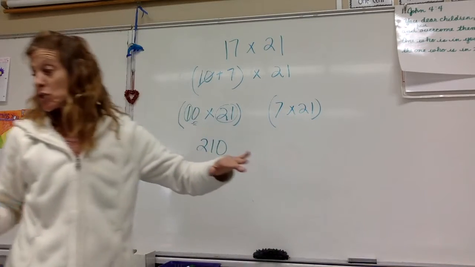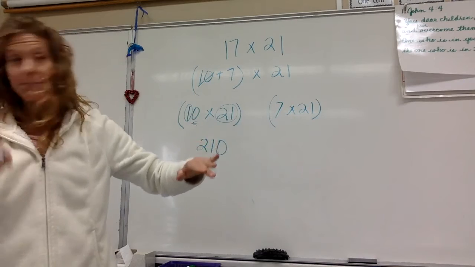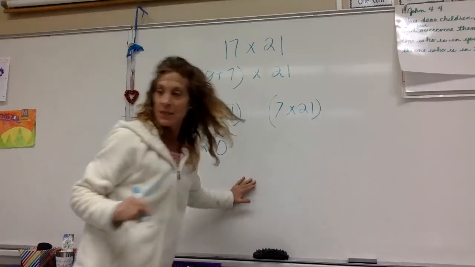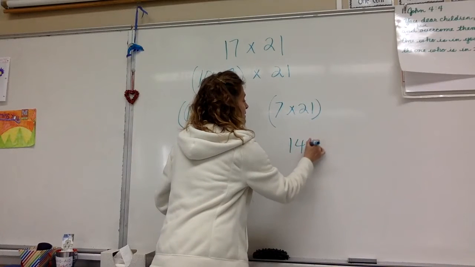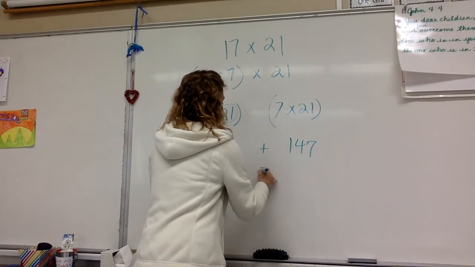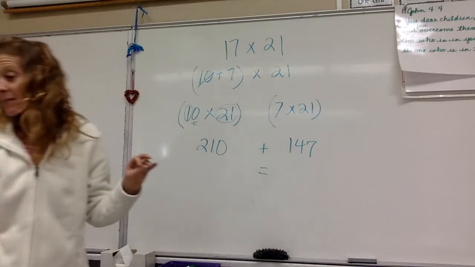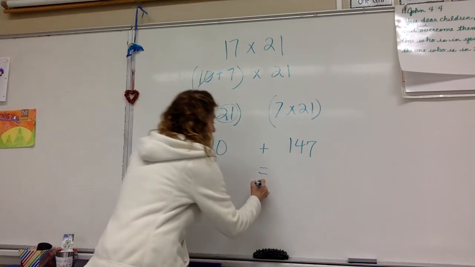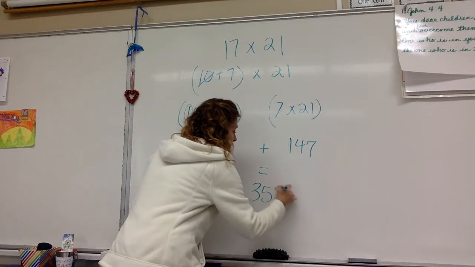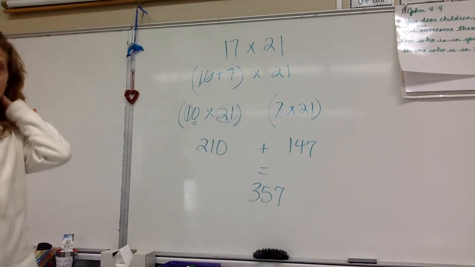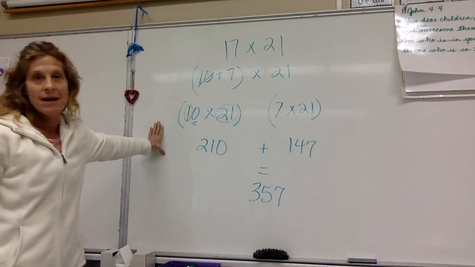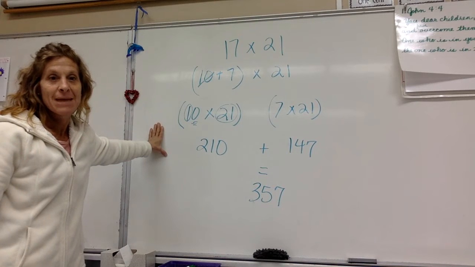And then you just do the math for 7 times 21, and the answer is 147. We add those all together, and our answer is 357. Okay, so I'm going to leave this here for a second so you can write it down, and we'll do another one.